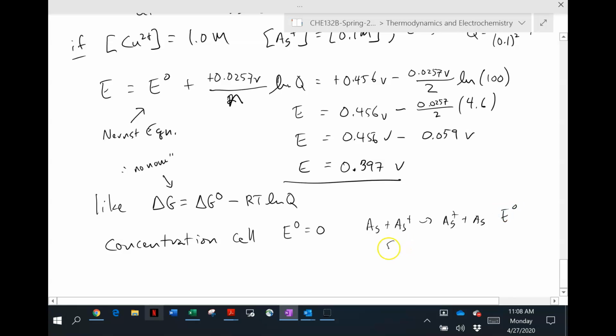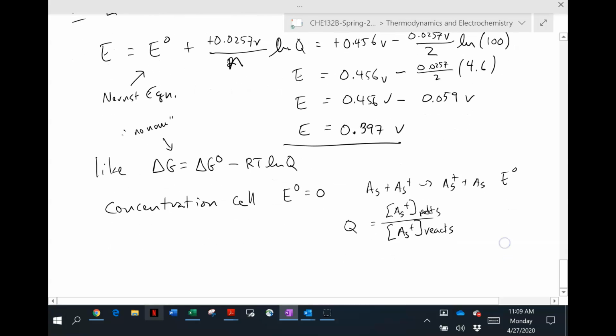What's going to be different is the silver ion that are products and the silver ion, in this case, that are reactants. And that would be our Q value there. And if that were separated into cells, to calculate that, we'd have our silver source on one side and our plating going on the other side. Again, that's going to be in 2 different cells if you do that, but that's what that is.